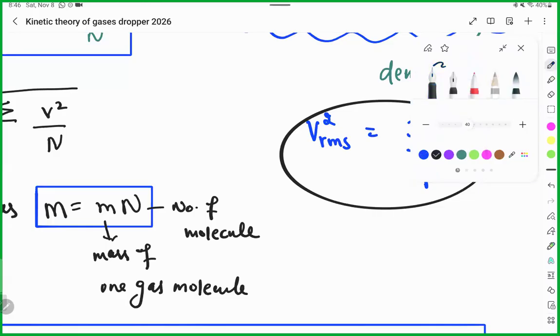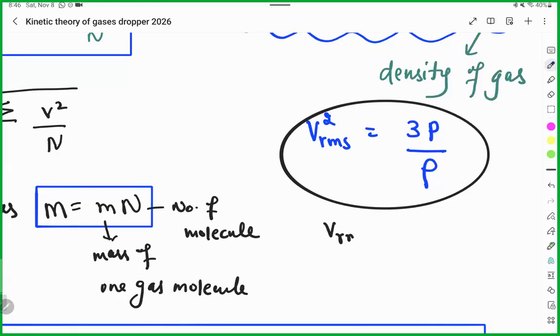Can you say this will also be equal to V RMS square is equal to 3p by rho, and P by rho is equal to RT by MW, isn't it? Yes, sir. Correct. See, you can correlate in this form.